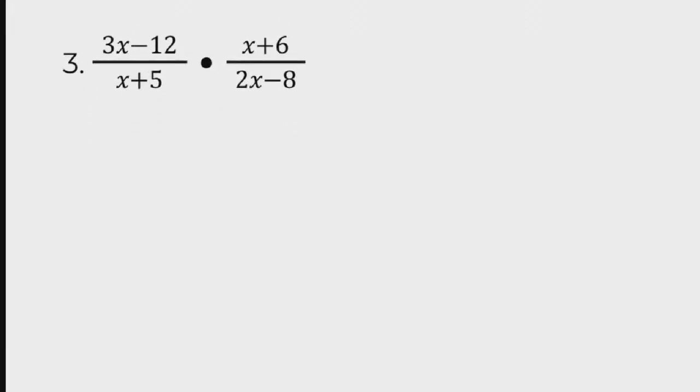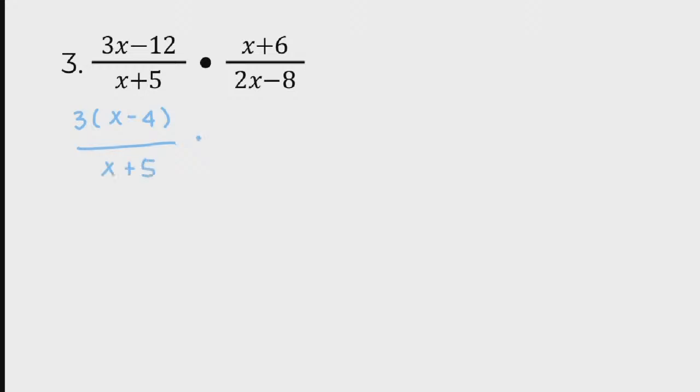Okay, number 3, we have 3x minus 12 over x plus 5 times x plus 6 over 2x minus 8. So we can't factor with the x method because nothing's squared, but we can factor some numbers out. For the numerator, we can factor out a 3, so that'll be 3 times x minus 4. Denominator, we can't factor, so I'm just going to leave it as x plus 5.